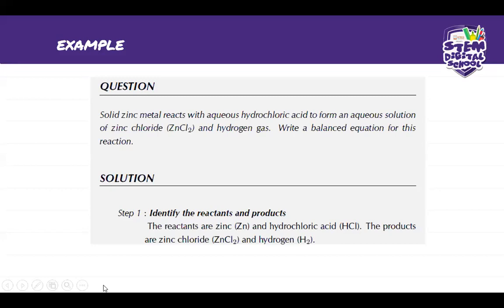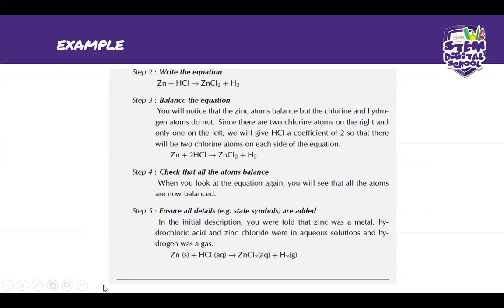The products are zinc chloride and hydrogen. So there we go. First, we do our first step. We write down the chemical equation as they want it. It's going to be zinc plus HCl gives you ZnCl2 plus H2 gas, right?